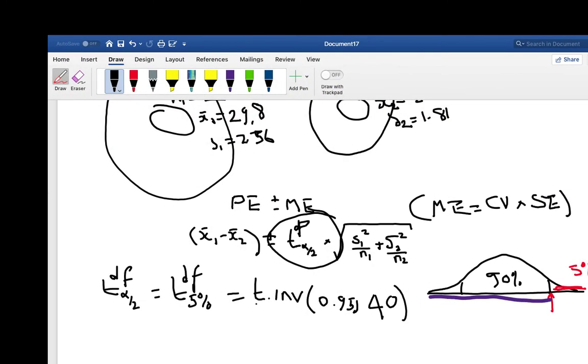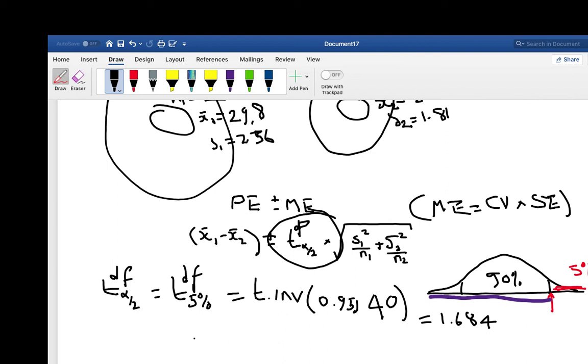So this value in here is equal to 1.68, and then we just substitute into here.